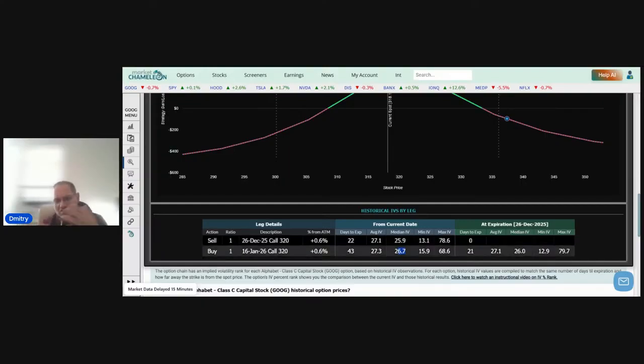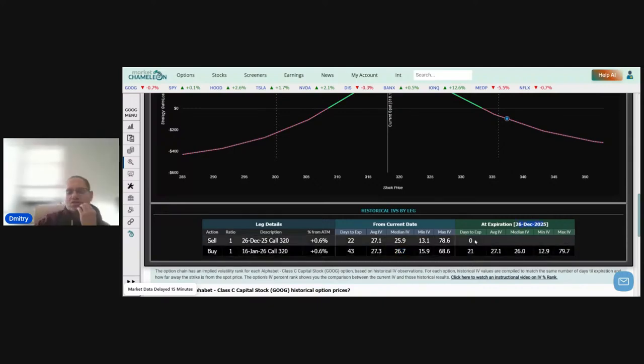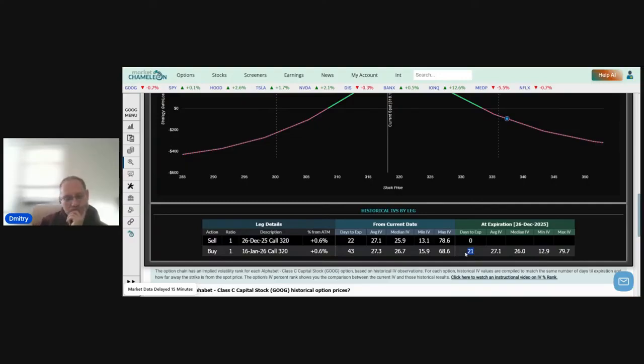This just helps us look at historicals to be able to shock our payout diagram. On December 26th, this is going to have 0 days to go, so implied vols are irrelevant, right? It's going to expire. But this option with 21 days to go is going to have an implied volatility.